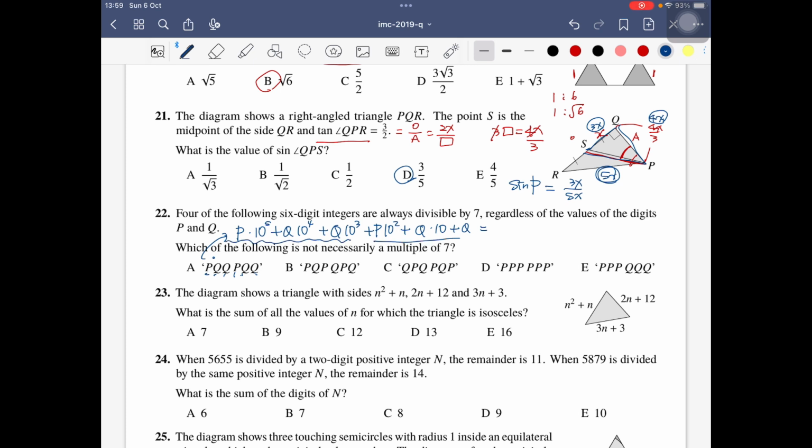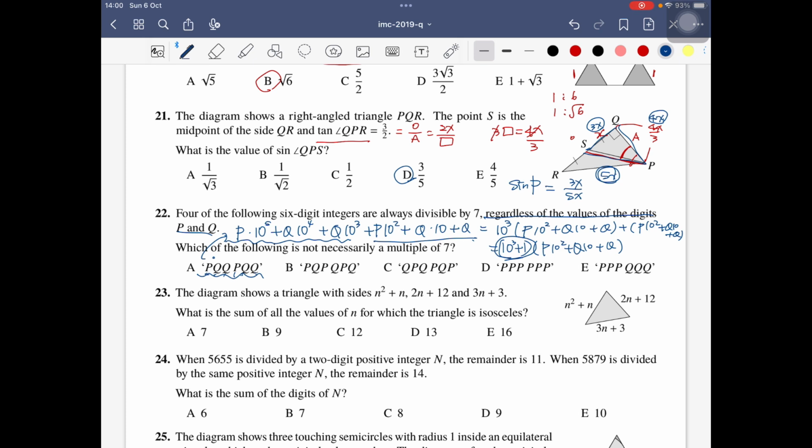If I factor them, I get 10 to the power of 3 and 10 to the power of 2 times P, Q, and the rest is the same. Regardless of the values of the digits P and Q, it needs to be independent of P and Q. So if this is divisible by 7, then this one should always be divisible by 7.